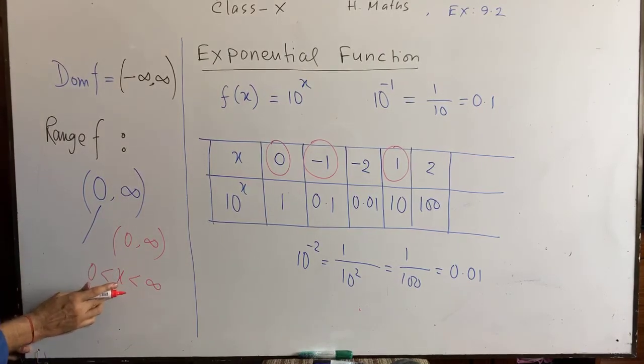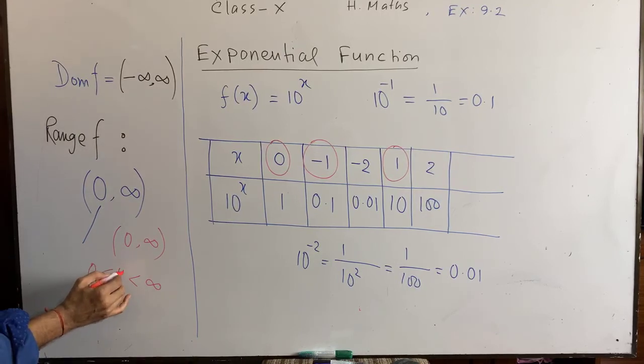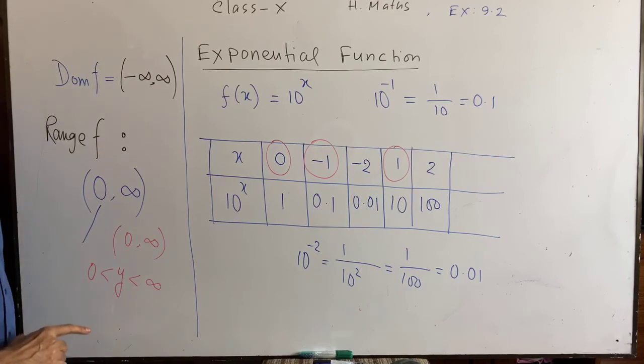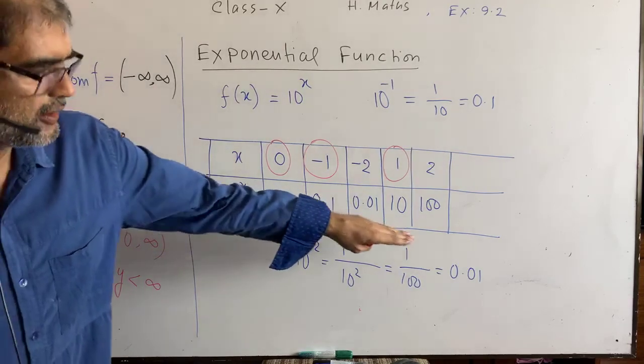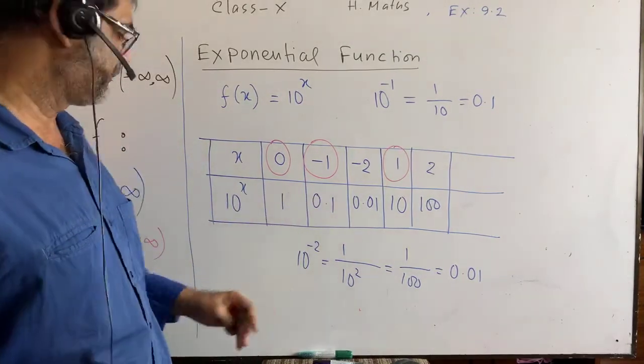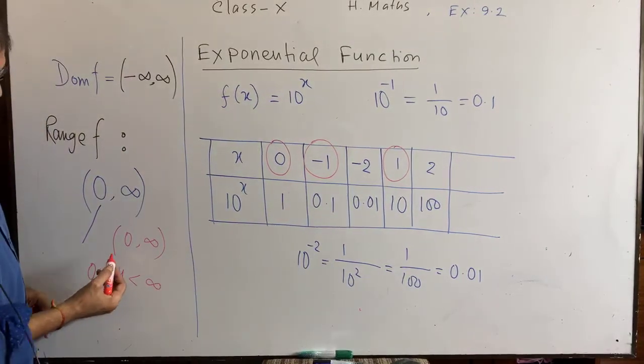As it is the range, write down y greater than 0. We don't have any value here which is equal to 0 or which is less than 0. So it is our range.